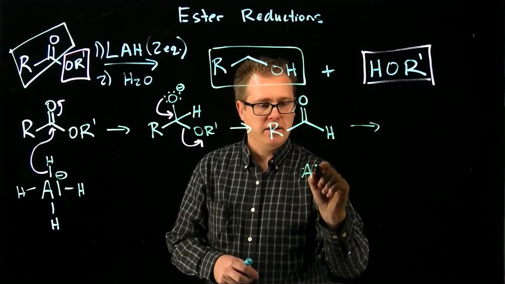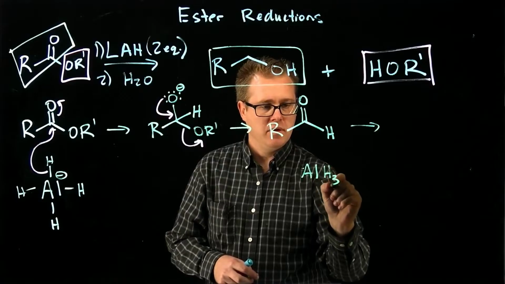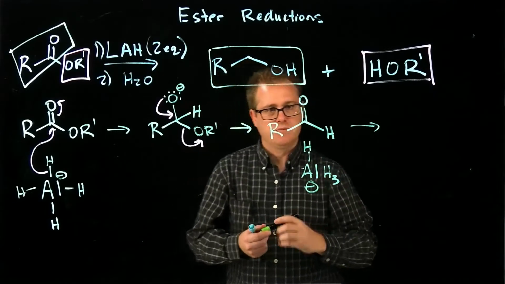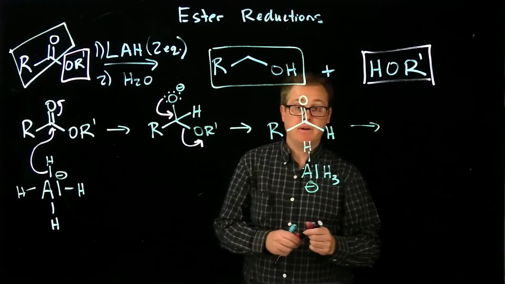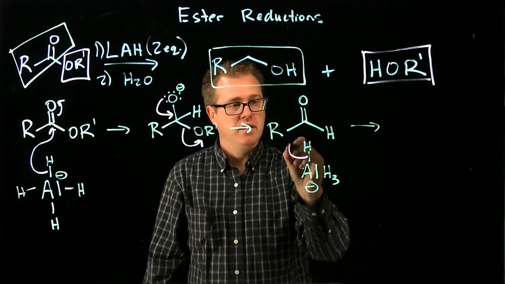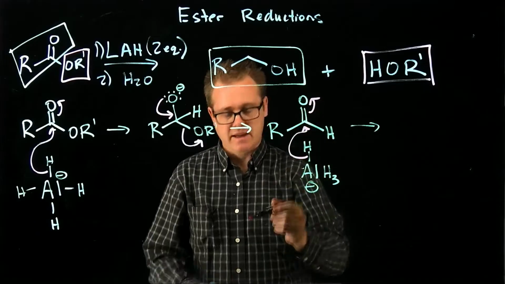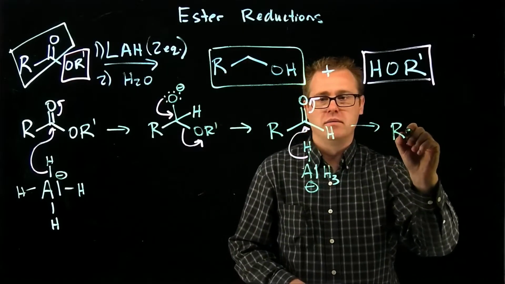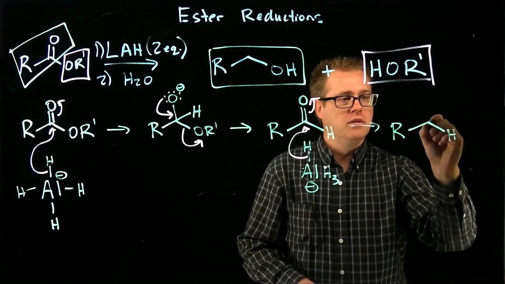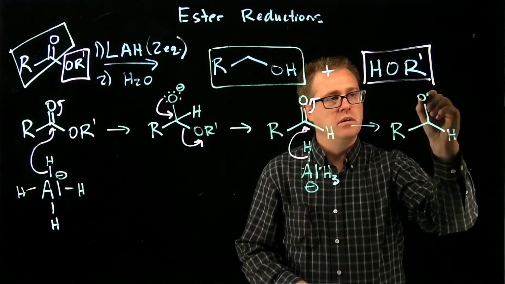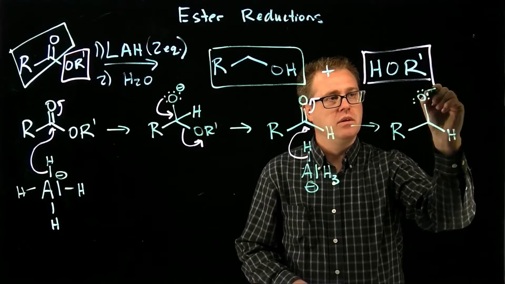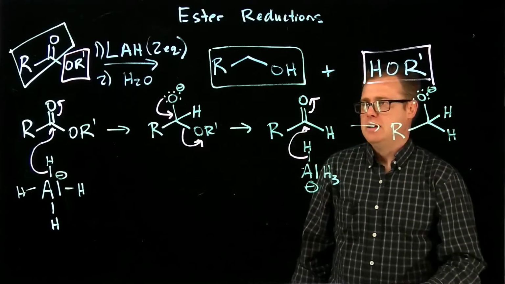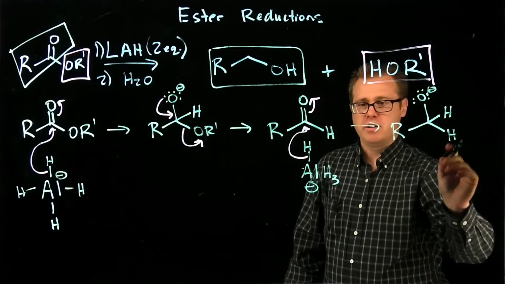So I'm going to draw it like this. That's why you need at least 2 equivalents of the lithium aluminum hydride, so you can do the second reduction. We just added another hydrogen. And so what are we going to do next?